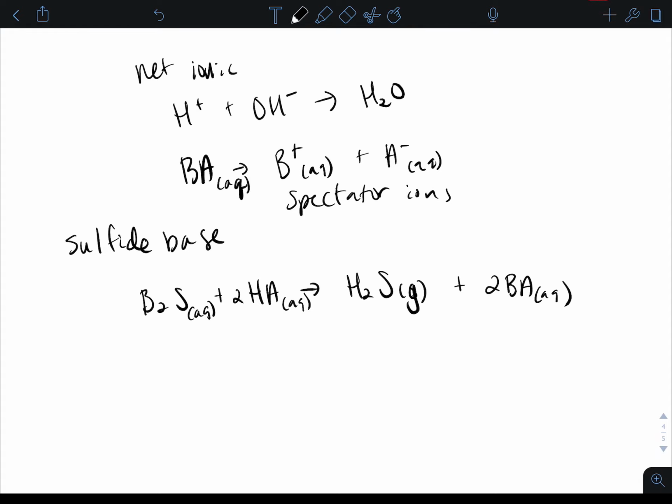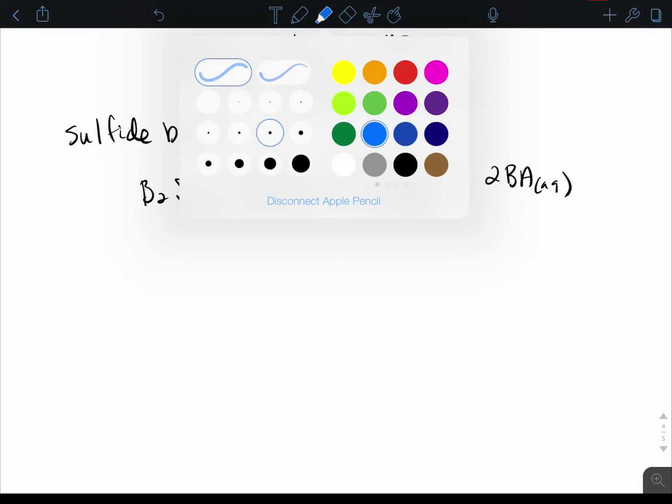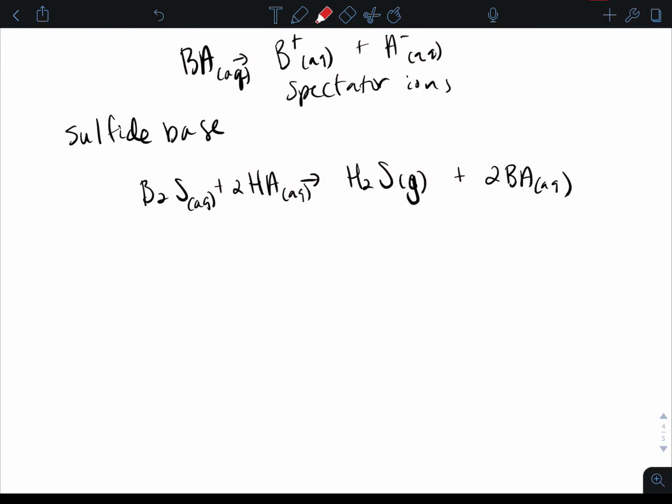Okay. So here we have our hydrogens combining with our sulfur to produce our gas.